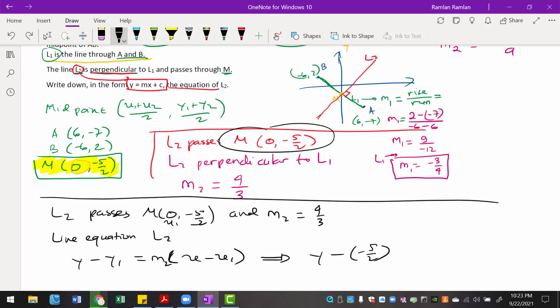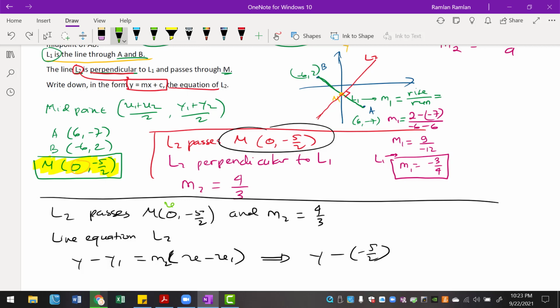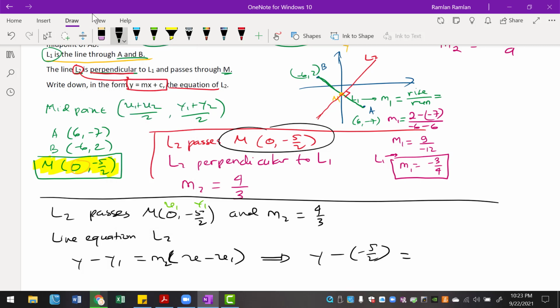I'm going to use another color this time. So this is x1 and this is y1. So minus 5 over 2, and then equals x minus... I forgot the m. The m is 4 over 3, right? 4 over 3 bracket x minus 0, because we know that x1 is equal to 0.